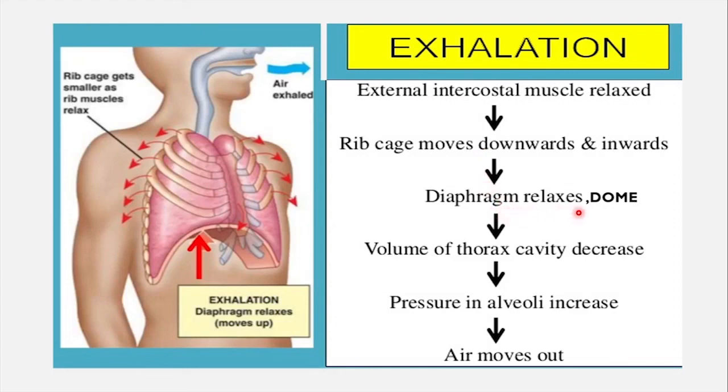It becomes dome-shaped and thoracic volume decreases in the anteroposterior axis. The overall decrease of thoracic volume causes the decrease of pulmonary volume, and intrapulmonary pressure increases. When this intrapulmonary pressure is more than the atmospheric pressure, air is sent out of the lungs.